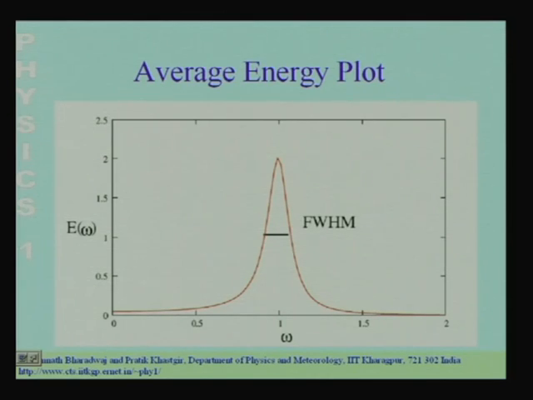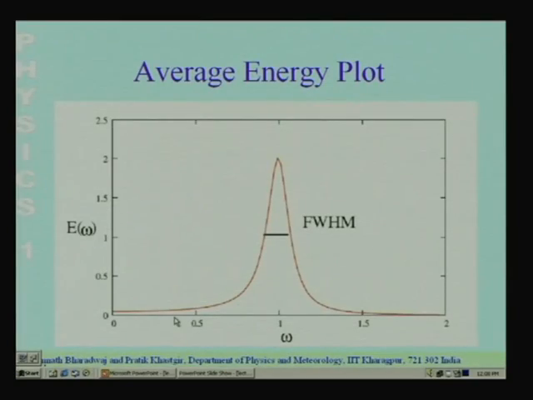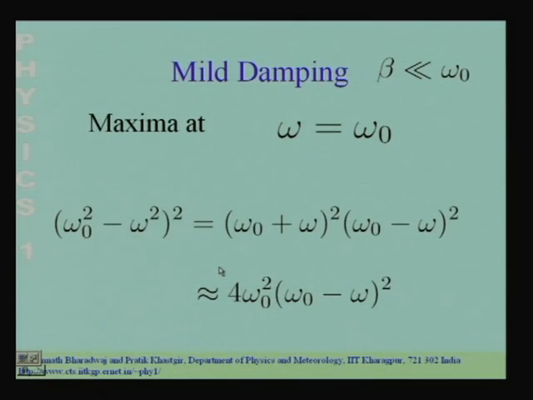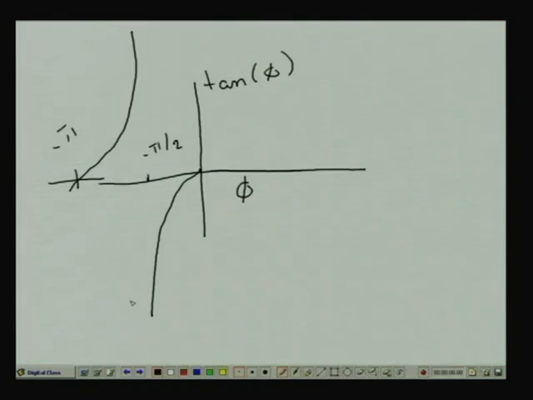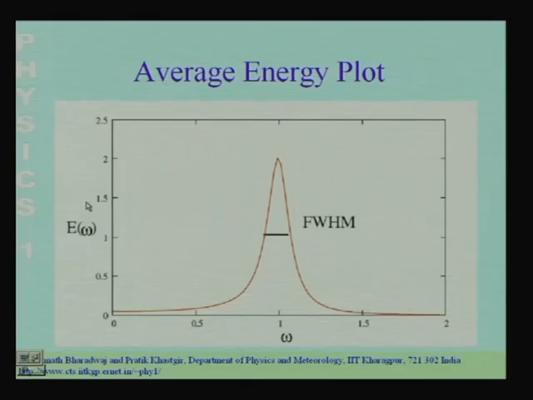So, if I had a larger damping coefficient, the curve which I would get would be broader, and if I had a smaller damping coefficient, I would have a very narrow resonance, or a very narrow peak over here.